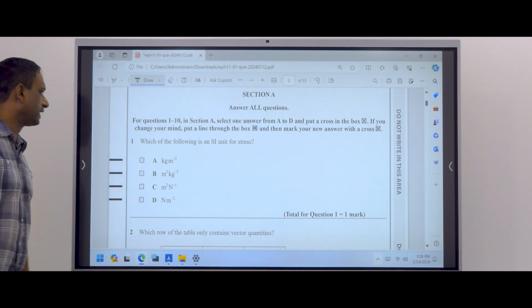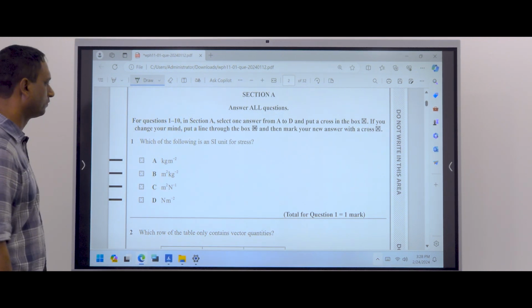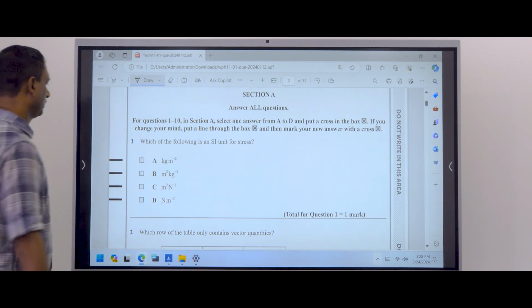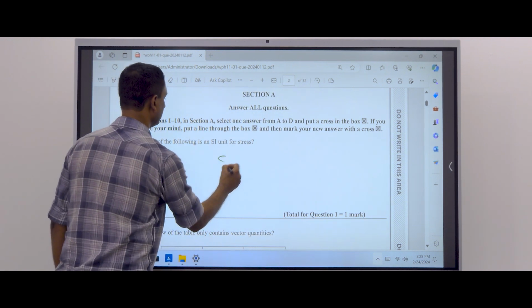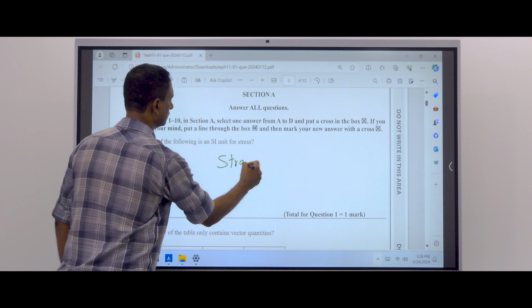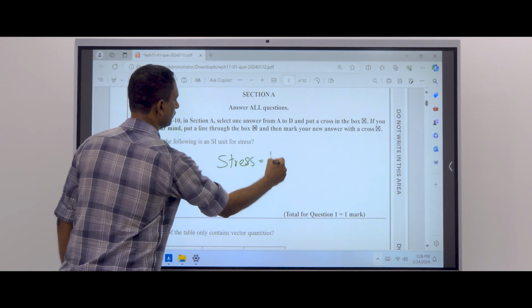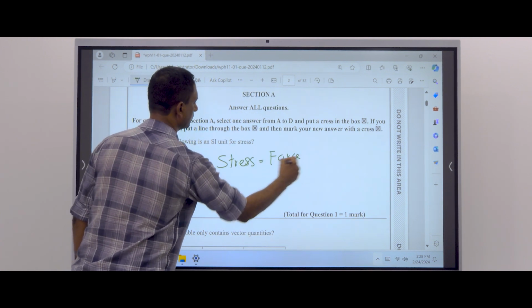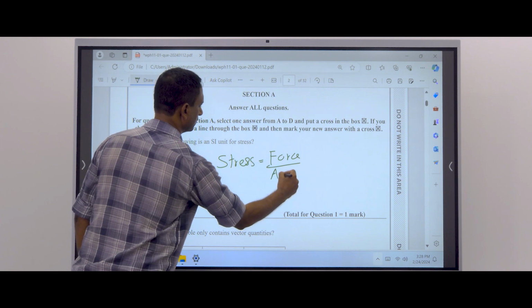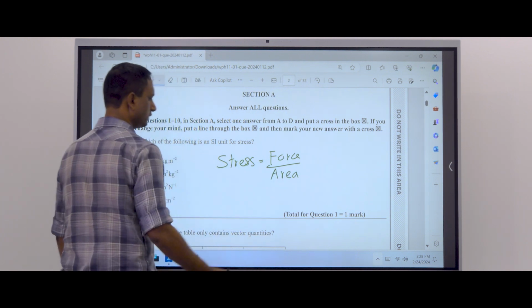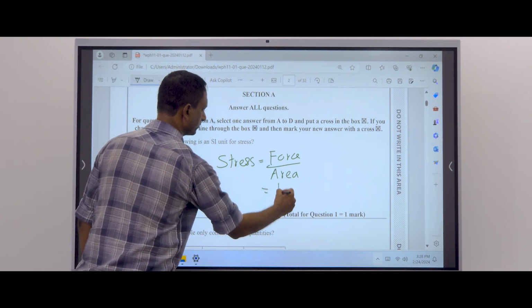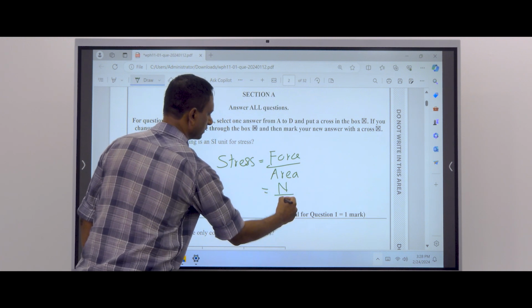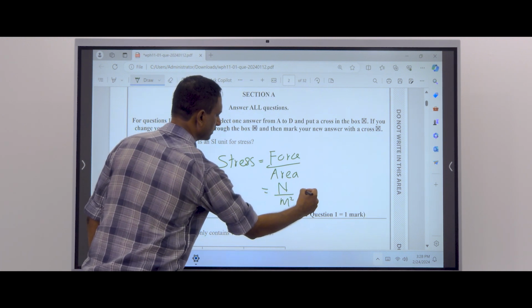First question they ask the SI units of stress. Stress is equal to force over area. Force is measured in Newton, area in meter square.